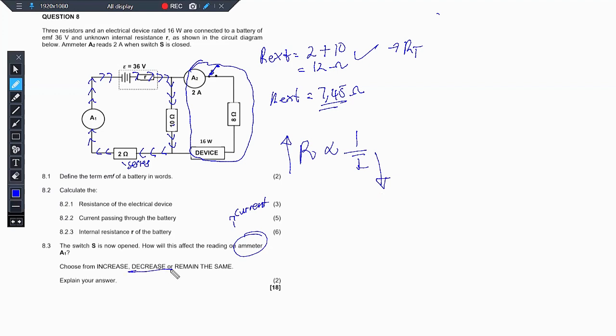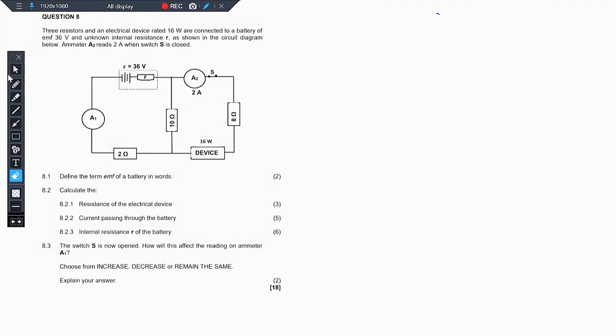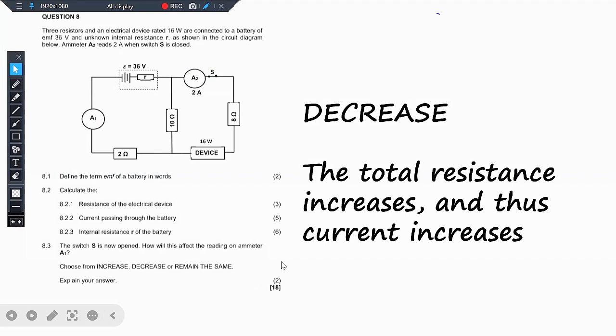It has to say decrease, and our explanation is just what we spoke about. How would they expect you to write it? You say: decrease, the total resistance increases, and thus current decreases. Done. It's only 2 marks, so a mark for that and a mark for this.